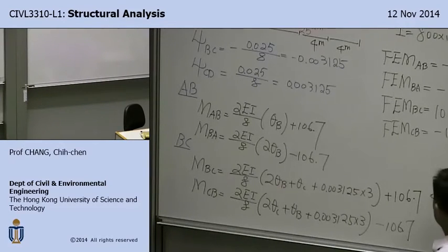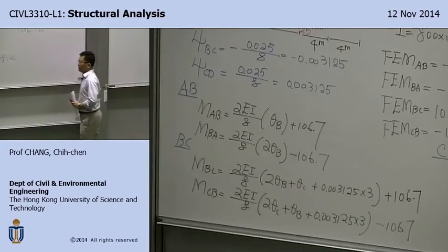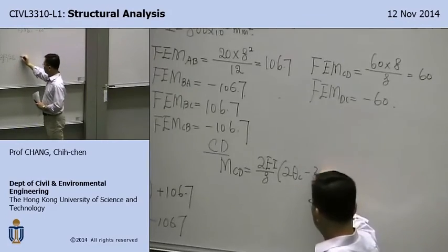CD, theta D is equal to 0 and minus 3 times rigid body rotation.